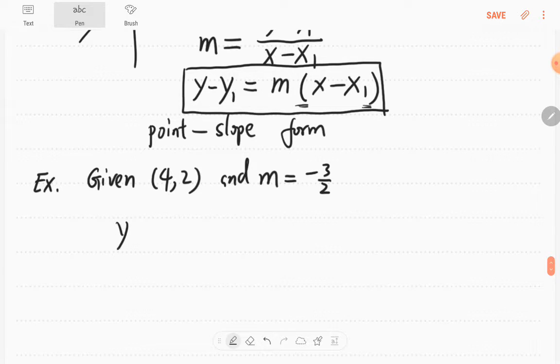It's y minus y1, and y1 is 2, so y minus 2 equals -3 over 2 times x minus x1, and x1 is 4 here, right? So that is the equation of the line. This is called the point slope form.